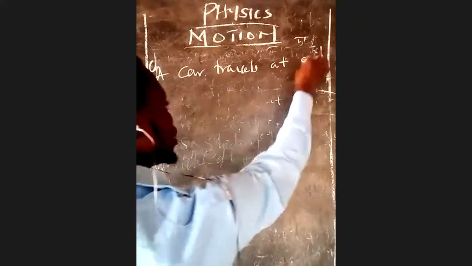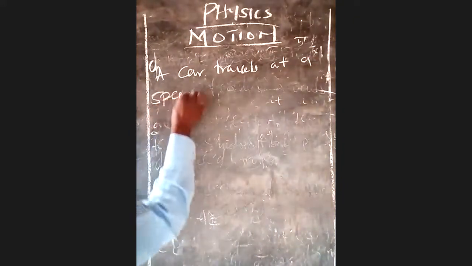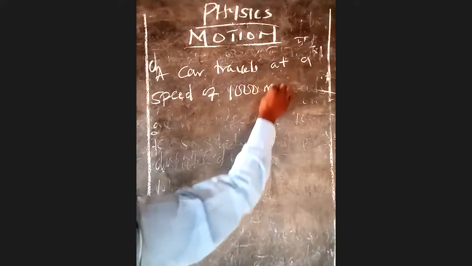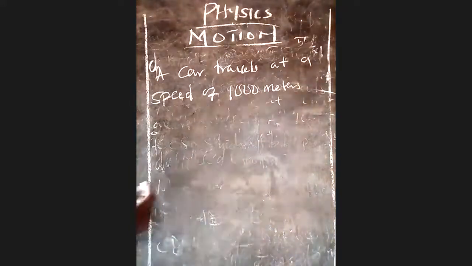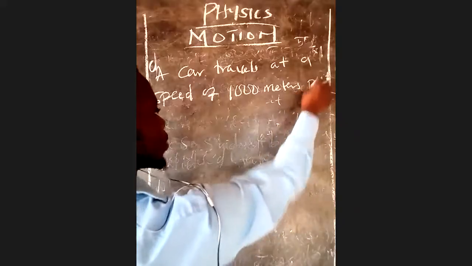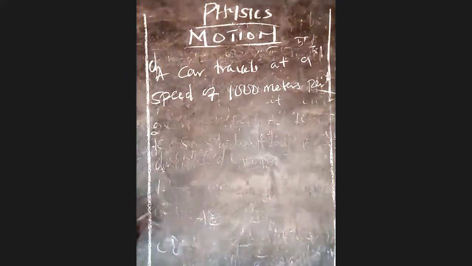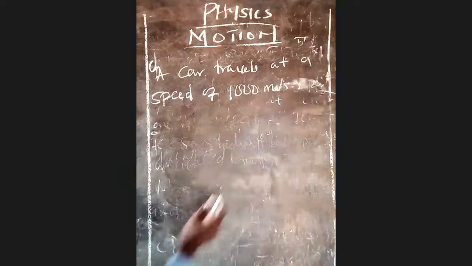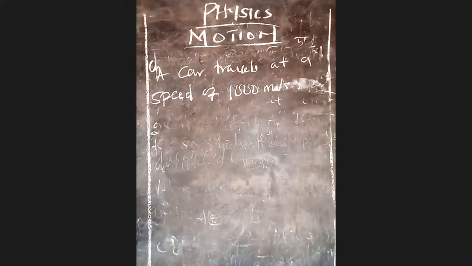So let's try to look into another question. A car travels at a speed of 1,000 meters per second.